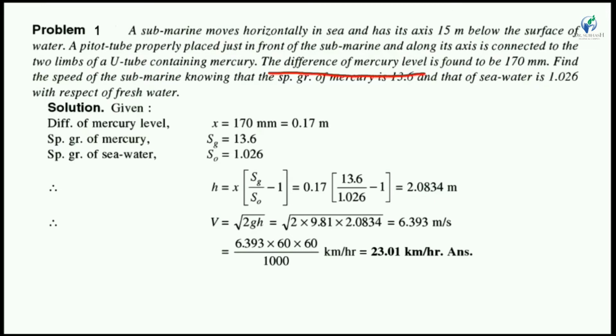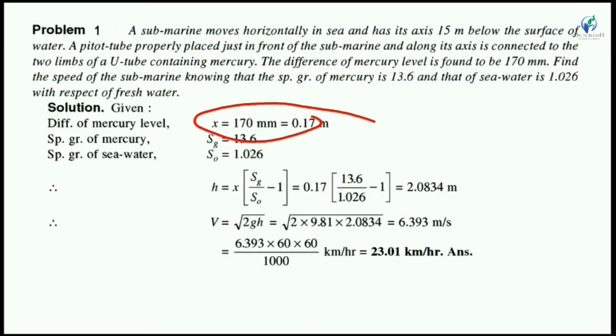The difference of mercury level is found to be 170 mm. Find the speed of the submarine, knowing that the specific gravity of mercury is 13.6 and that of seawater is 1.026 with respect to fresh water.